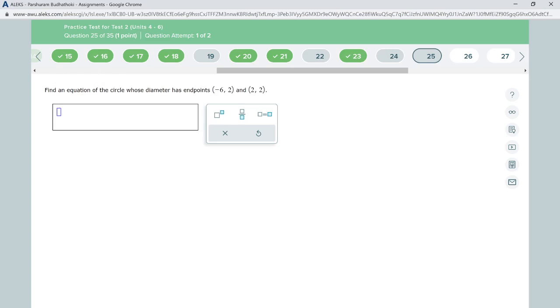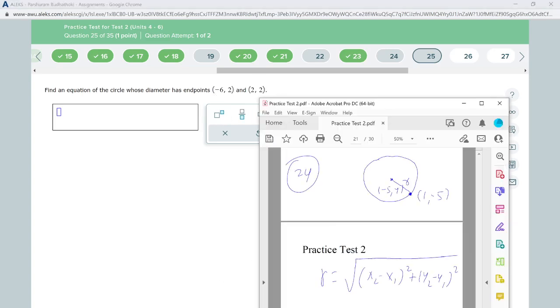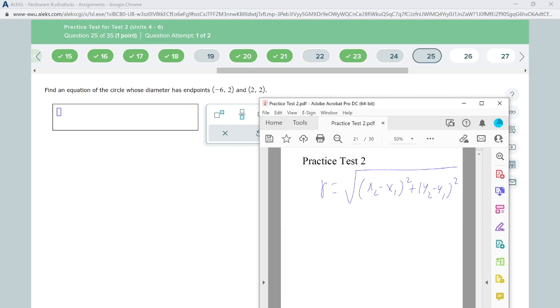Find an equation of a circle whose diameter has endpoints. This time they are not giving you the center and radius, but they are giving you 2 points on the diameter of a circle. So you have to understand diameter means a line passing through the center of a circle.